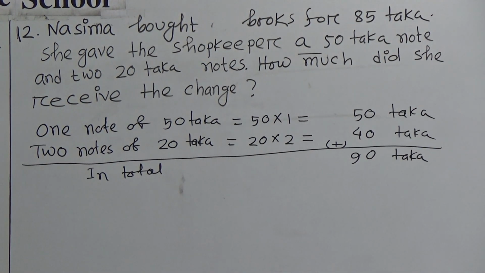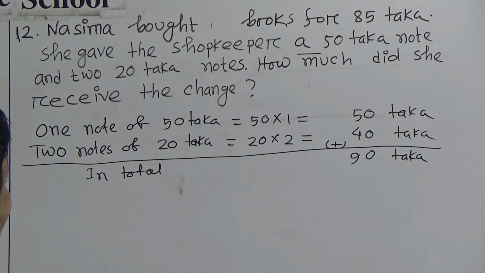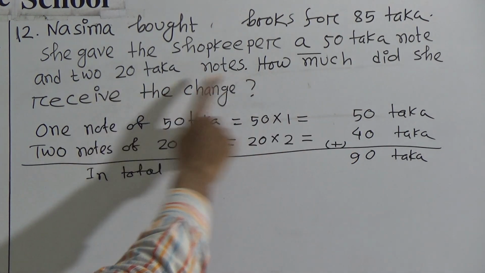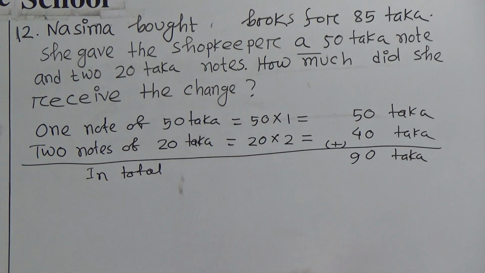Look, you write how much taka. A 50 taka note and 20 taka notes equal 90 taka.